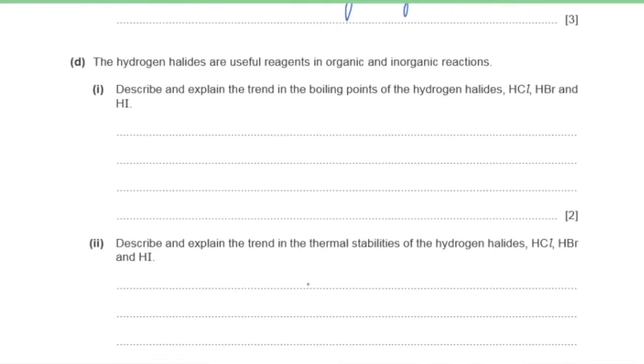Part D, the hydrogen halides are useful reagents in organic and inorganic reactions. Part 1, describe and explain the trend in the boiling points of hydrogen halides, HCl, HBr, and HI.